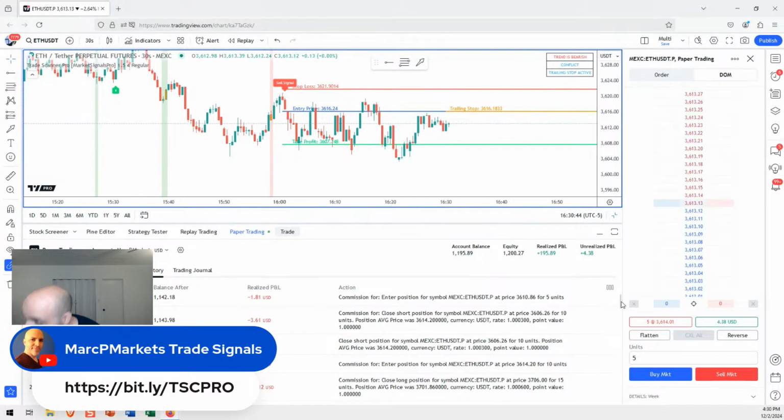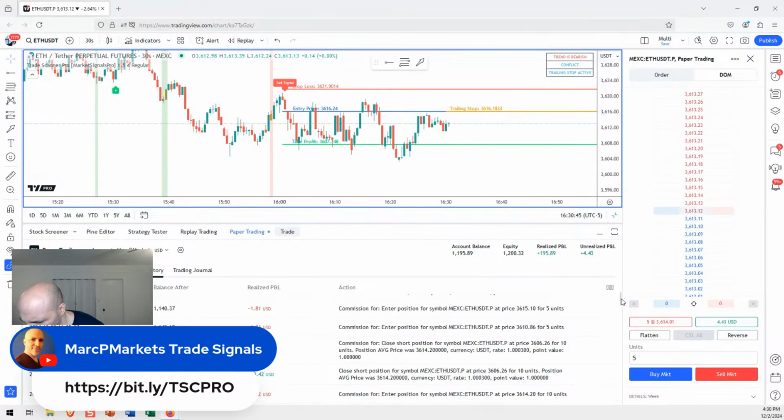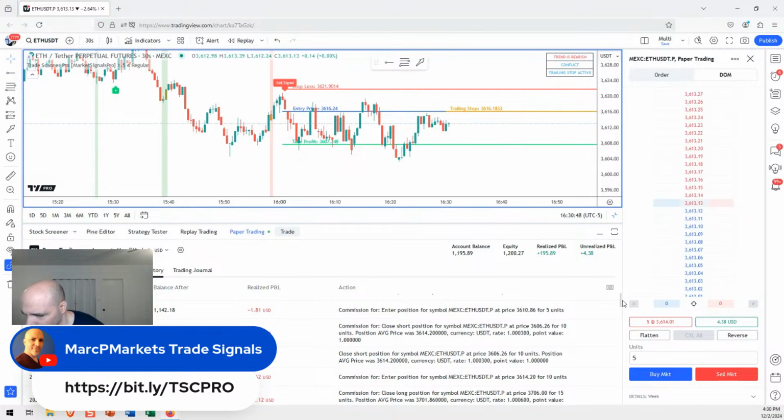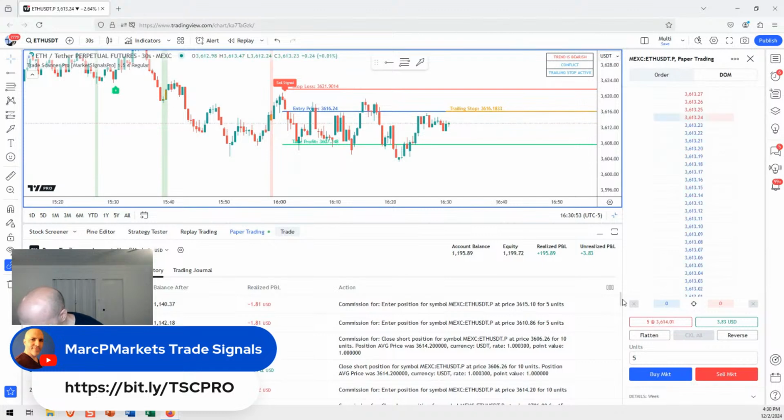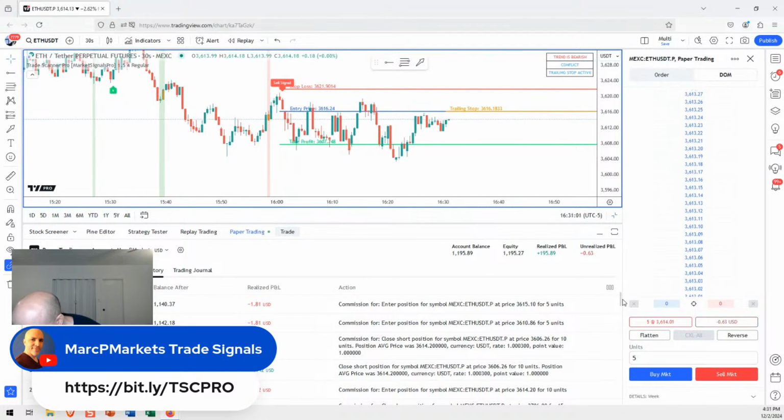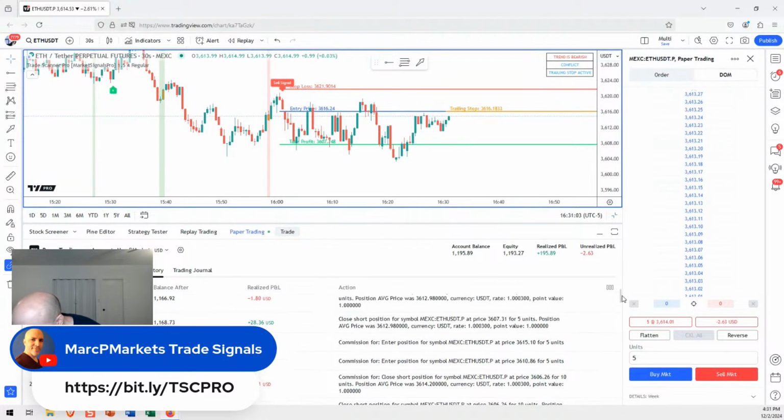By the way, I don't know if these commissions are the exact price of MEXC. I put that in myself, so I don't know if those are the right commissions. They may be a little higher, but they are realistic though. So let's see, 3, 6, that's about 8, 10.